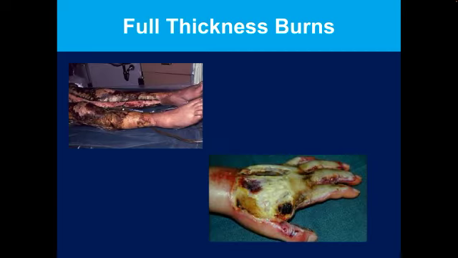Now, full thickness burns go all the way through all three layers. Usually these are indicated by dark charred areas. There's also a white-looking area. You can see it in the picture right there. A lot of times the actual area of the burn itself is not painful because they burn through all of the nerve endings all the way down to the subcutaneous layer.